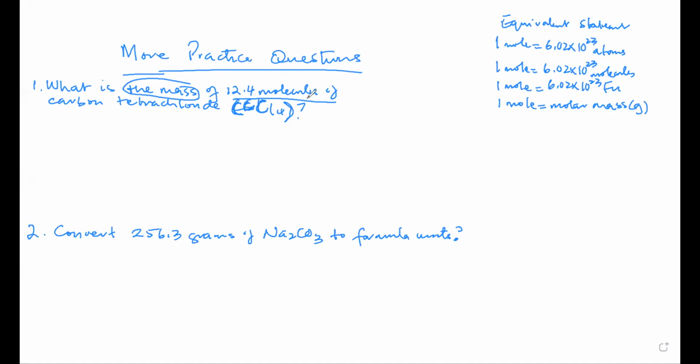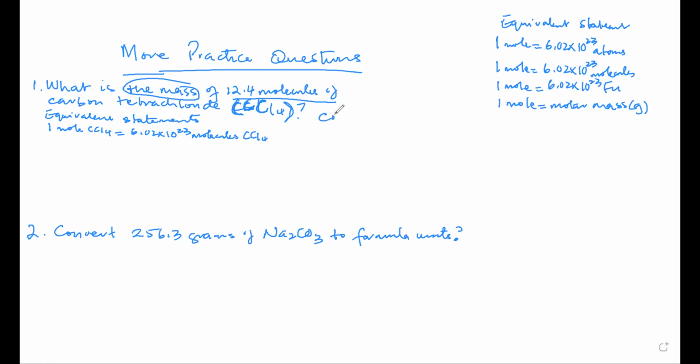No, but there's molecules and mole. So we start with the equivalent statement. There's 1 mole of carbon tetrachloride is equal to 6.02 times 10 to 23 molecules of carbon tetrachloride.